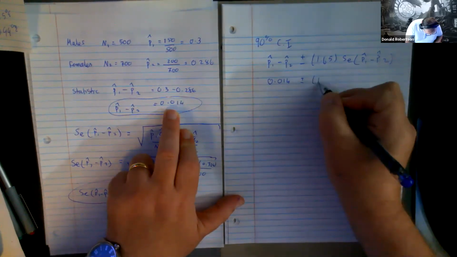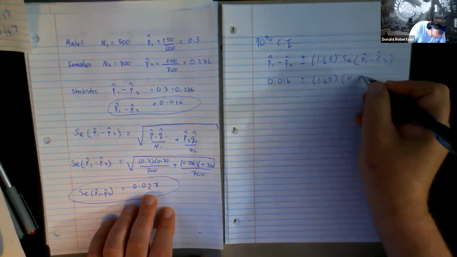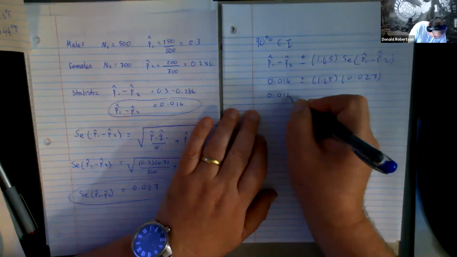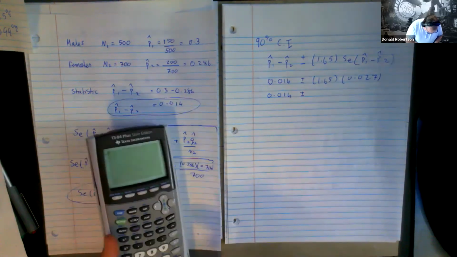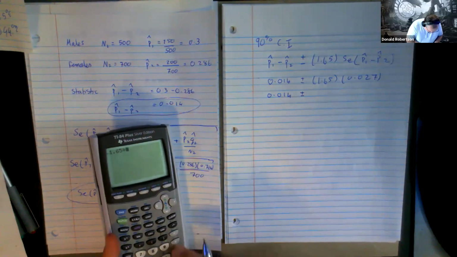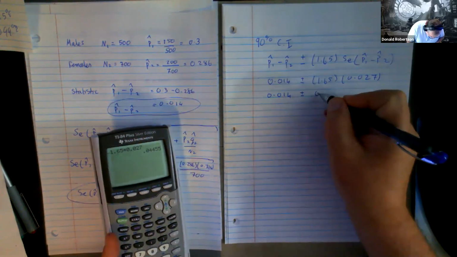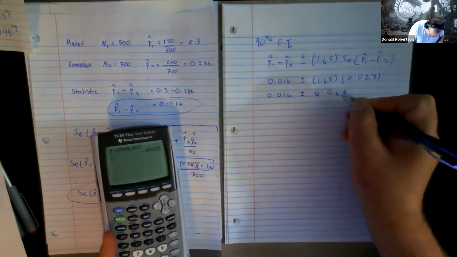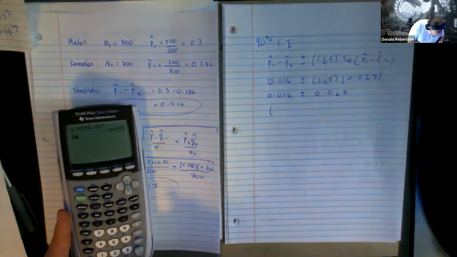And the standard error we got a little minute ago is 0.027. So I have 0.014 plus or minus 1.65 times 0.027. And the answer I get is 0.045. And that's going to come out as 0.014 take away 0.045.